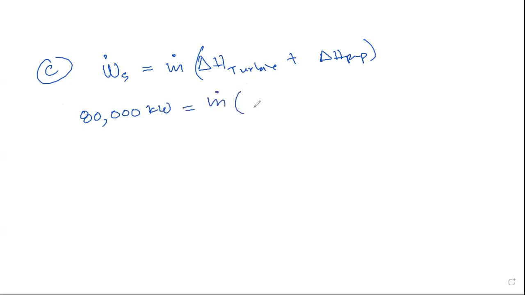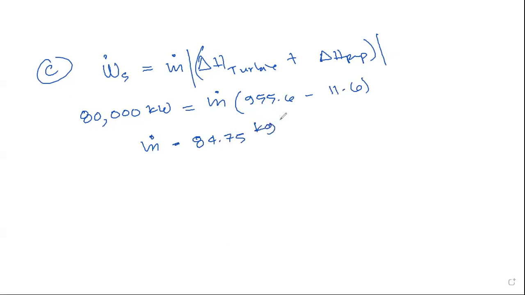Then substitute the turbine value we calculated, 955.6, minus the pump, which is 11.6. Basically, I already made it an absolute value so it is positive. Just calculate M dot. You're supposed to get something like 84.75 kilograms per second.